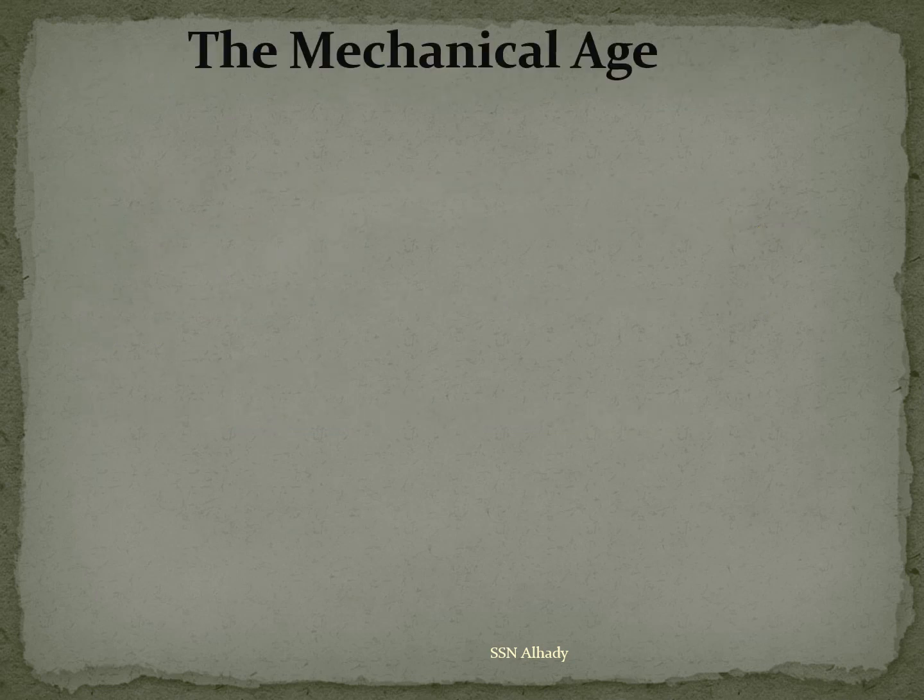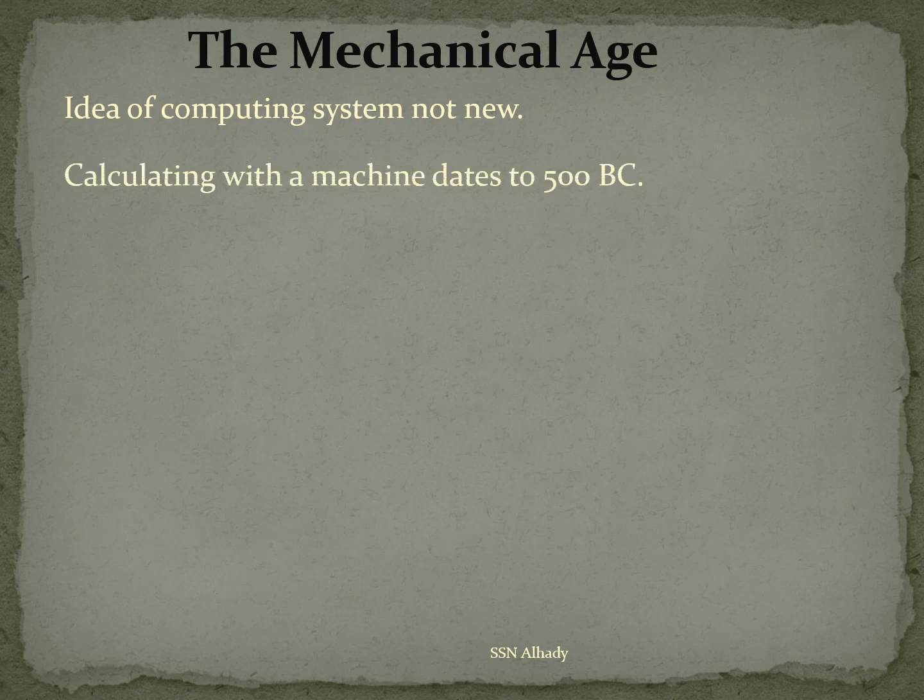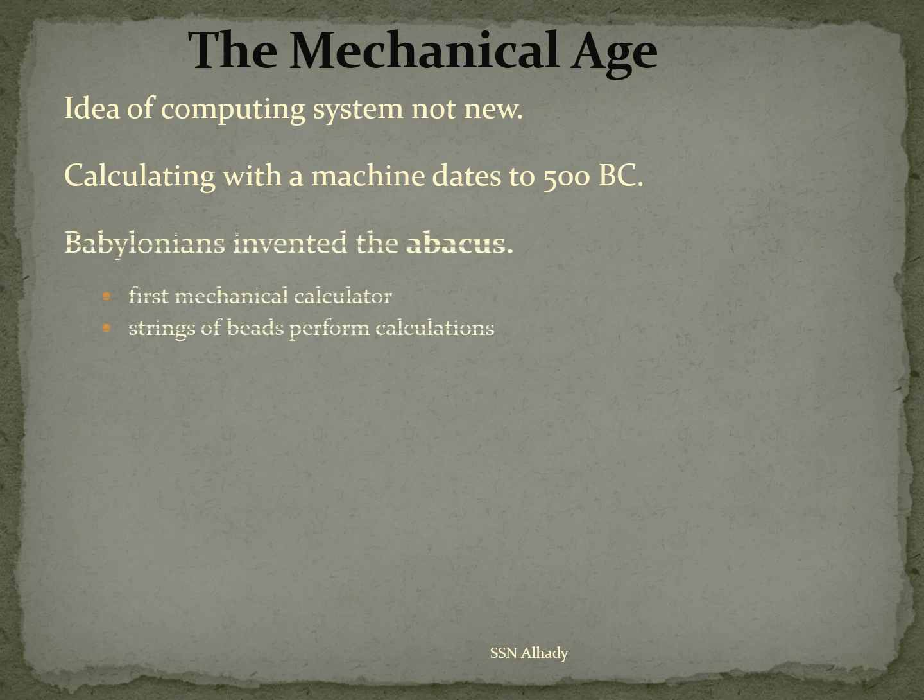Okay, before the microprocessor was introduced to the world, it started with the mechanical age, where the idea of a computing system is not new. Calculating with a machine actually dates from 500 before the century, where the Babylonians invented the abacus.